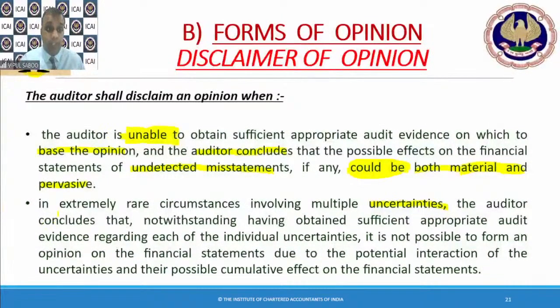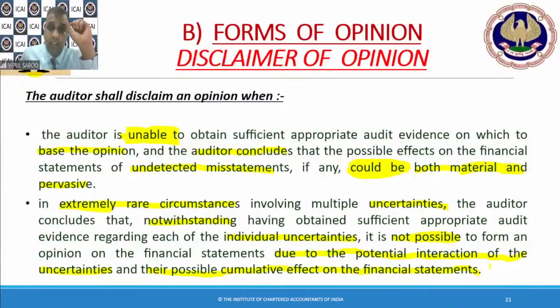And in extremely rare, quite low probability circumstances, the auditor concludes that notwithstanding having obtained sufficient appropriate audit evidence regarding each of the individual uncertainties, it is not possible to form an opinion on the financial statements due to the potential interaction of the uncertainties and their possible cumulative effect on the financial statements. So this is an extremely rare circumstance where there are multiple uncertainties involved.